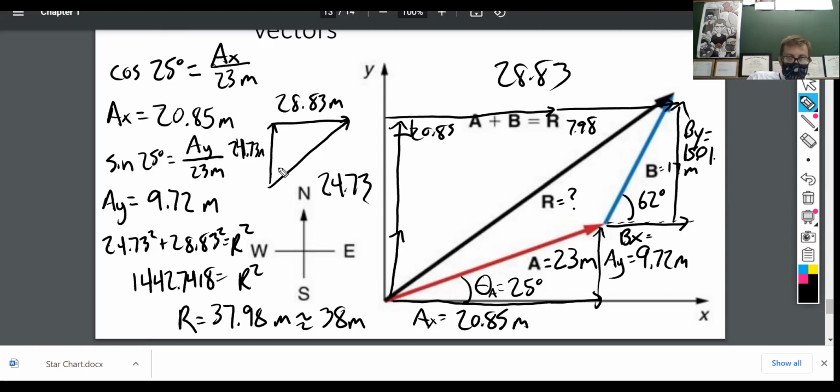So a simple thing to do would be, since I reported these angles relative to the positive x-axis, I kind of want to know what this angle is right here. What's my theta for R? The easiest way to do it might be to solve for this angle right here. We'll call it phi, because I already know the opposite and the adjacent.